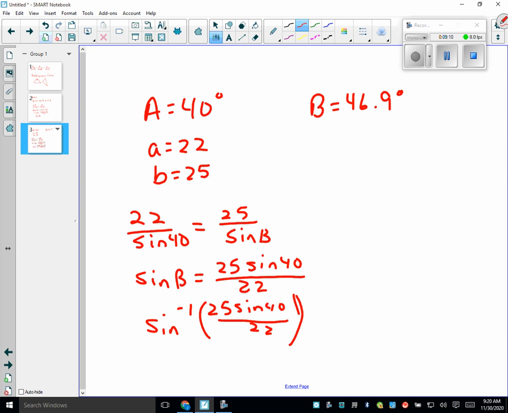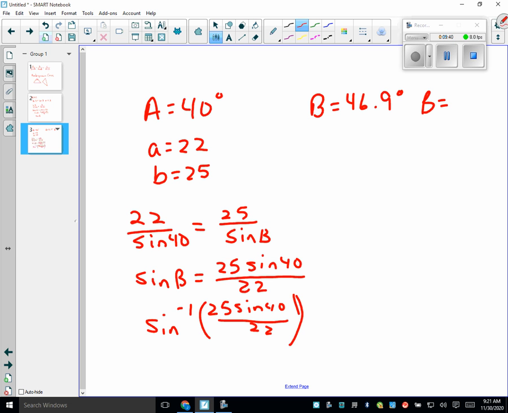So when you find this first angle, you have to take 180 minus that angle. You have to take 180 minus what you just found. That's how you find if there's another B. I told you there could be two triangles.